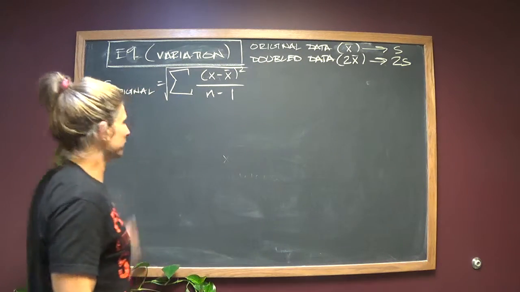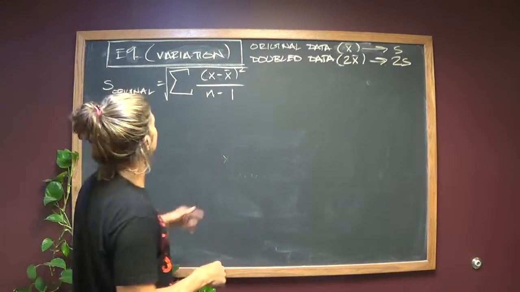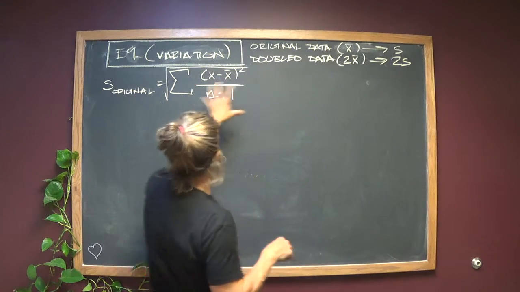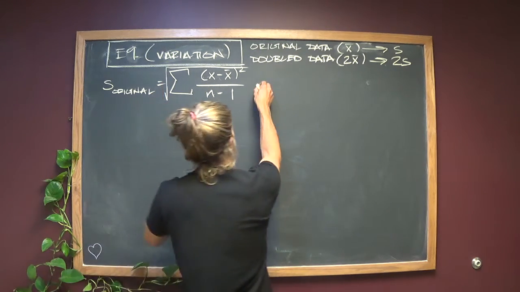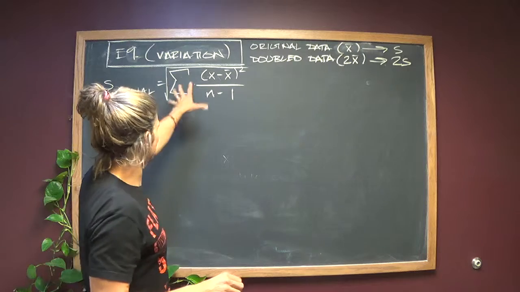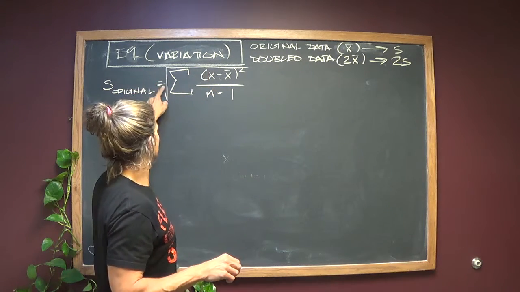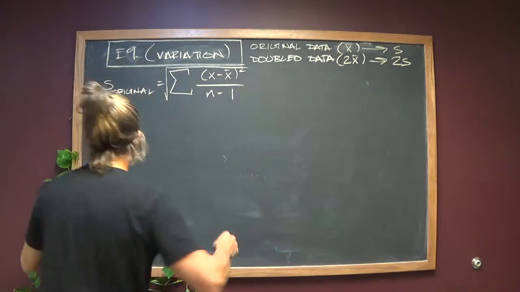And it's radicalized, the whole thing. So what I want to show today is why the doubled standard deviation looks just like this, but there's going to be a 2 out in front. If I double every single one of those, it's going to look exactly the same as this, but there's going to be a 2 out in front of that radical, which will mean that it's doubled. Okay? So wish me luck.